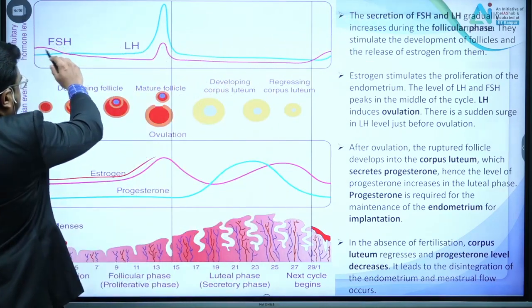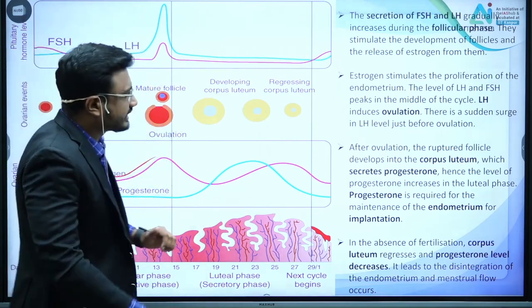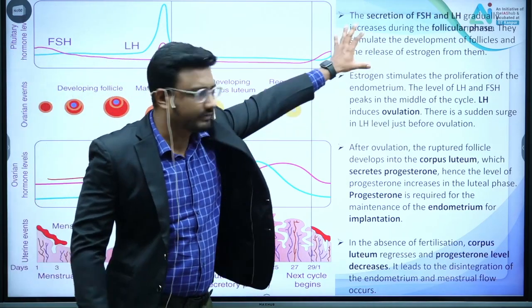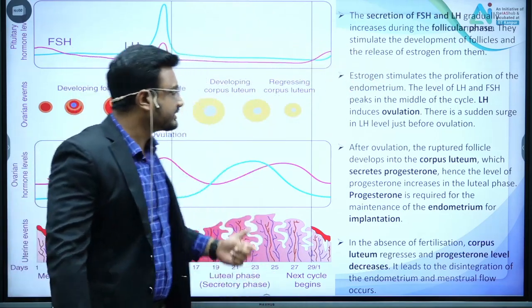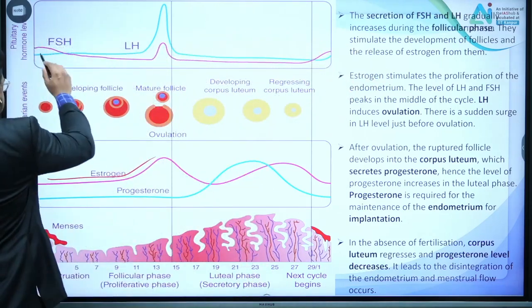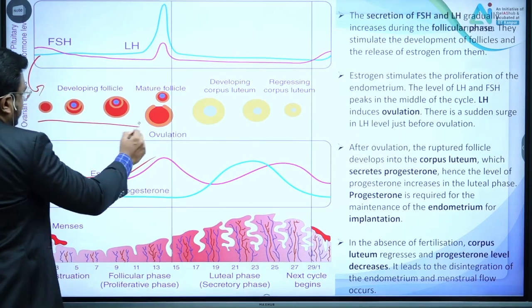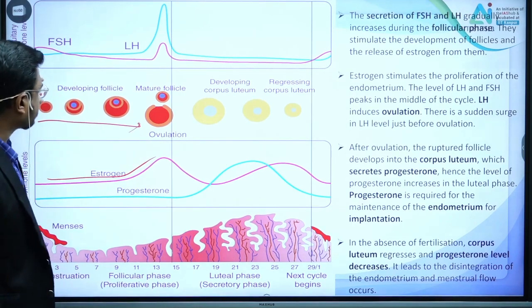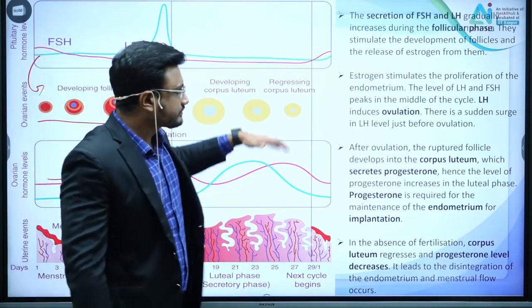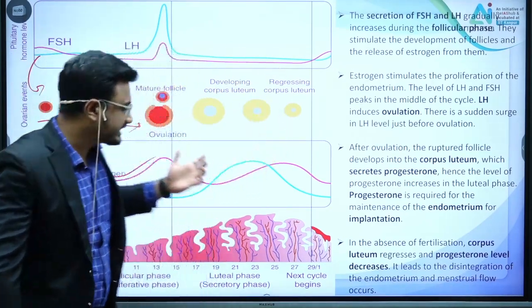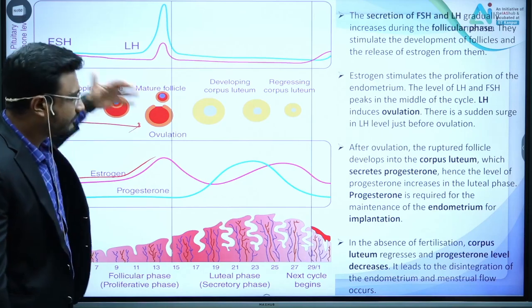Here we can see that FSH and LH are both secreted during the follicular phase. They stimulate the development of the follicles, from the primary follicle until the mature follicle.